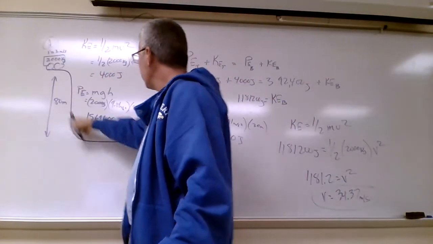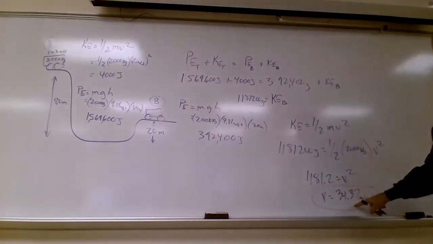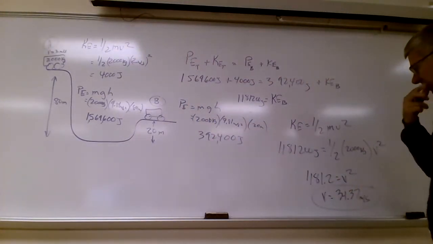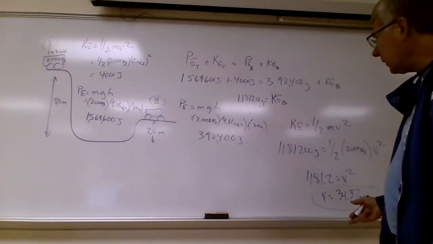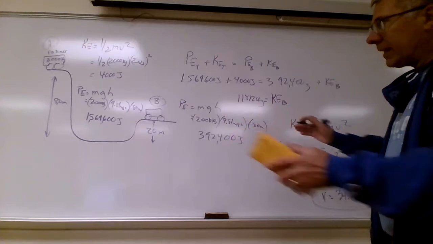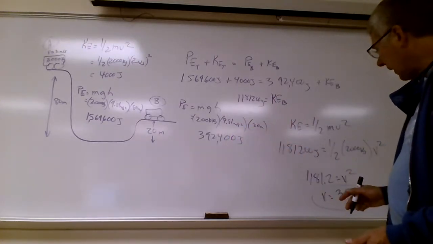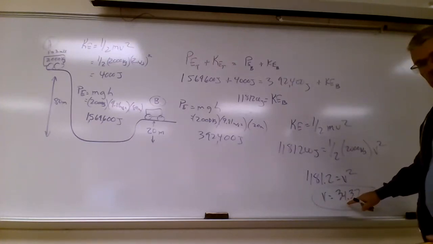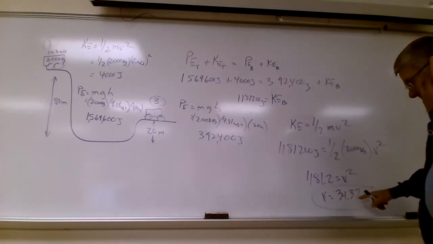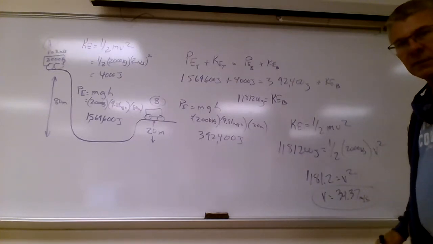So if this is a frictionless setup, when it goes from here down to here, we end up with a speed of 34.37 meters per second. Now, I could ask you, all right, we know that it's not frictionless on a roller coaster, and what if I said to you that the new speed, instead of 34.37, is 25 meters per second?